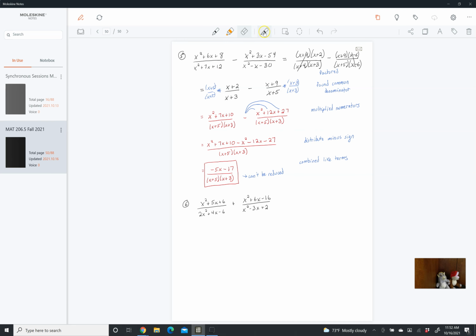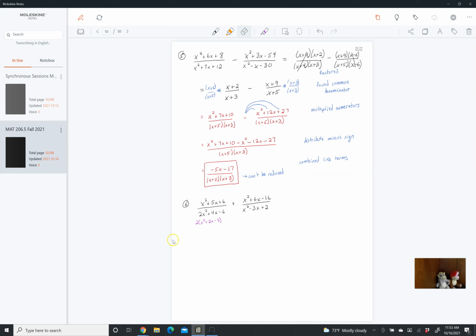Okay, and a quick note here. The idea is to factor first. Notice this is a quadratic. You can factor this quadratic however you want. But if every single term has something in common, I do encourage you to pull it out first and say, okay, well then this is 2 times x squared plus 2x minus 3.